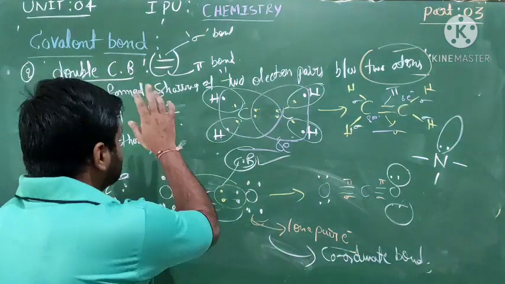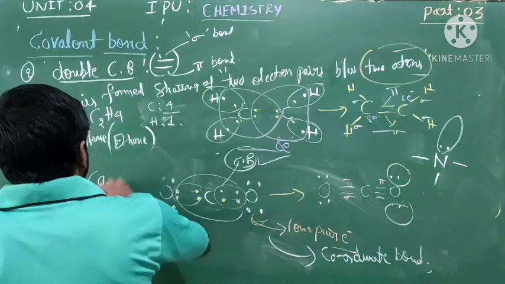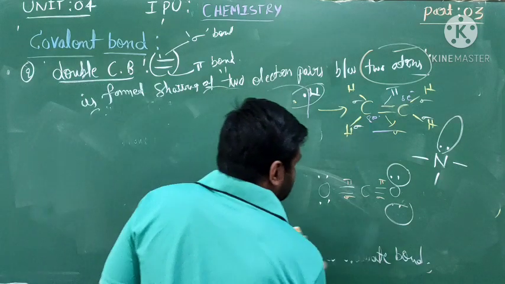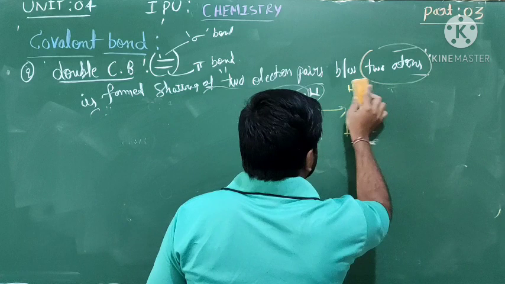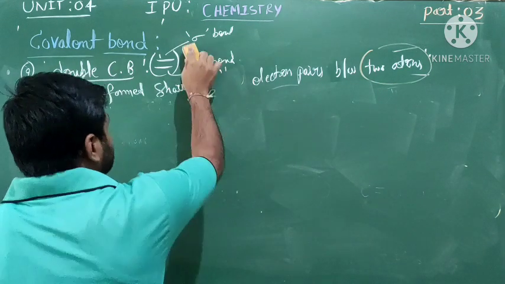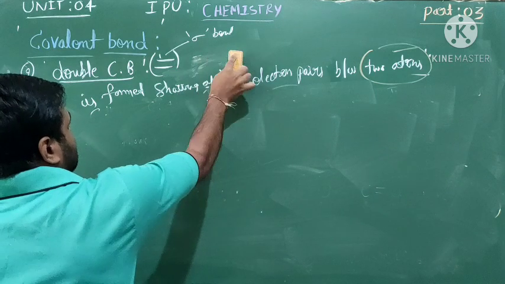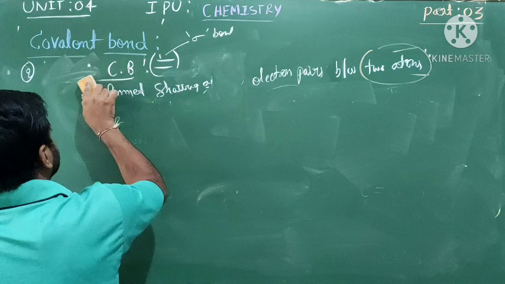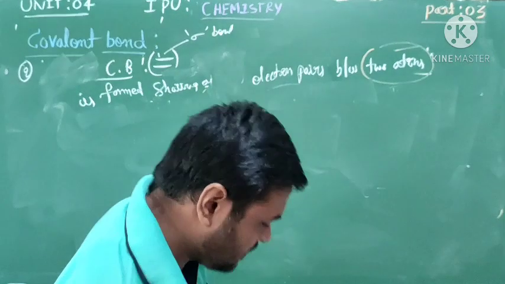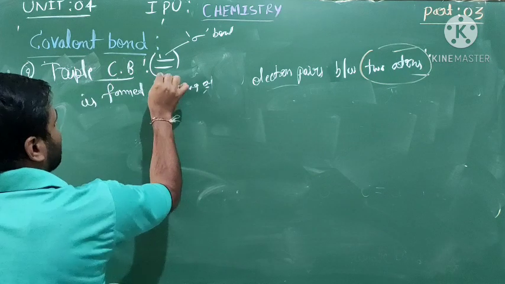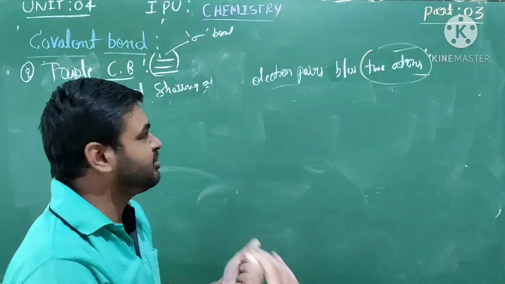Let me go to triple covalent bonds. Triple is as usual, the same. In a triple covalent bond, one more bond is present.